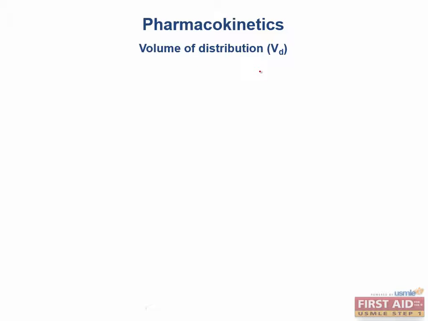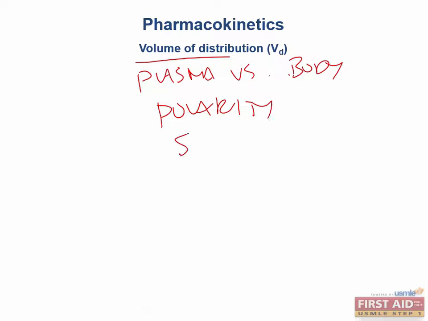Volume of distribution compares the amount of drug in the plasma to the total amount that's actually in the body completely. When trying to understand volume of distribution, you should think about the fluid compartments in the body. And you should also think about the polarity and the size of whatever drug we're talking about.